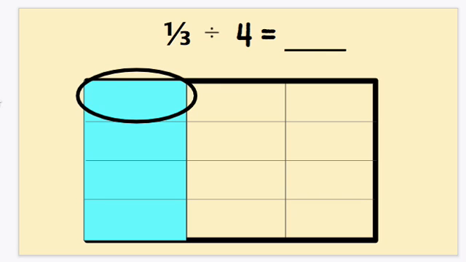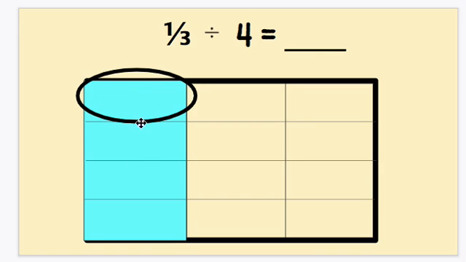The answer to our problem is just this one rectangle here that I circled. I need to figure out what fraction of our whole entire rectangle this one piece represents. In order to find the denominator, I am going to count up the total number of pieces I cut my rectangle into.